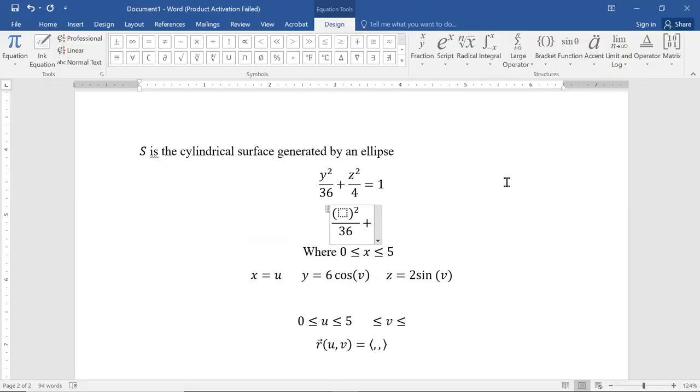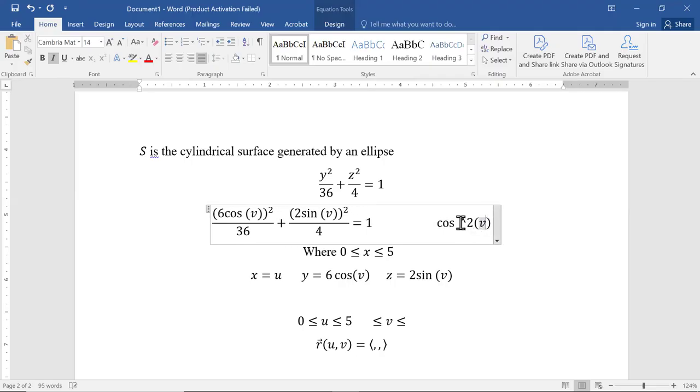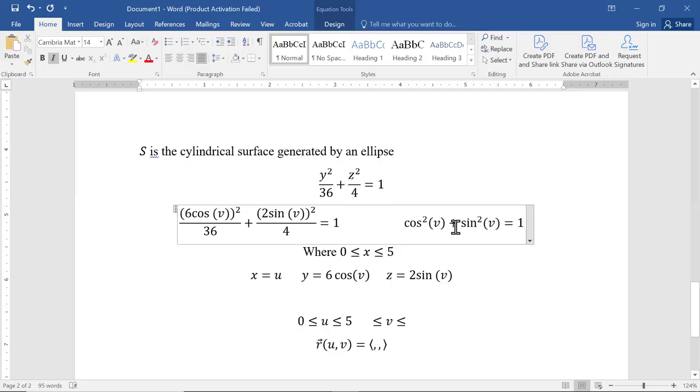And I let z be 2 sine of v, then that will satisfy this equation here, because this equation becomes cosine of v squared plus sine of v squared is equal to 1, which is our Pythagorean identity.